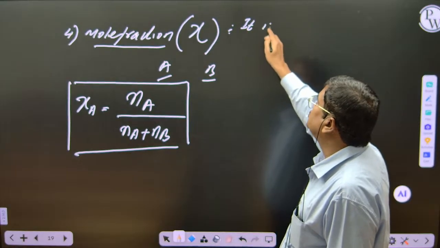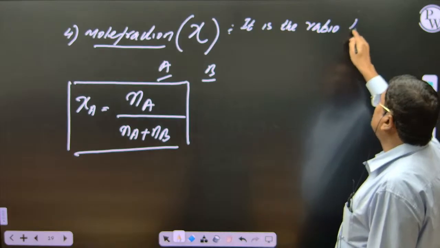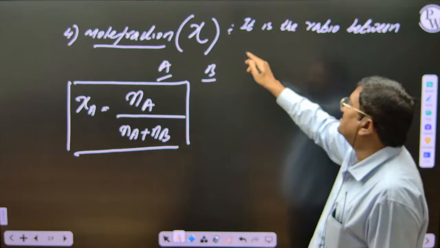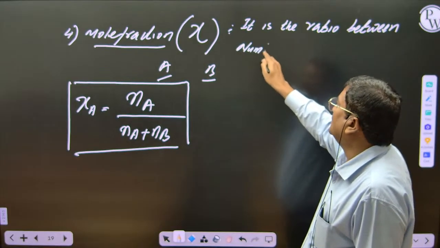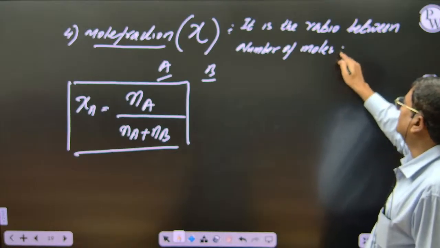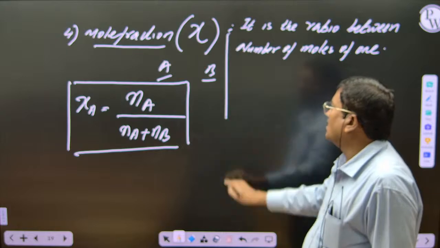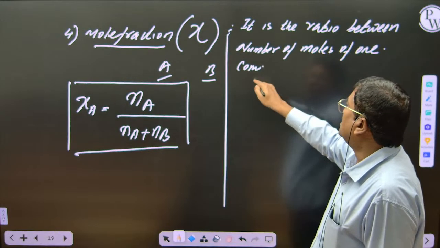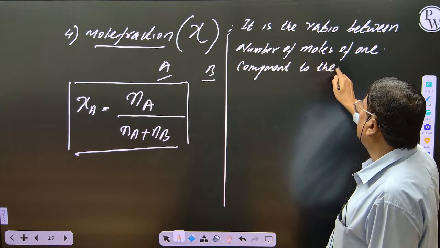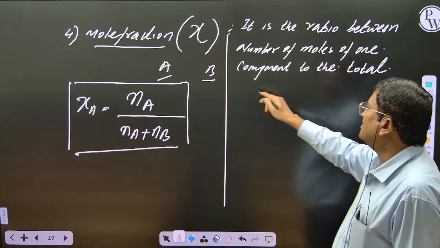So make a note of the definition. It is the ratio between the number of moles of one component to the total moles of all the components.